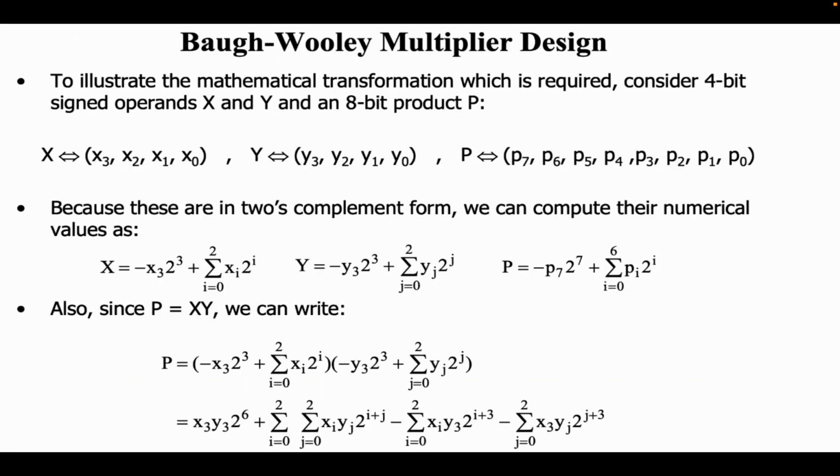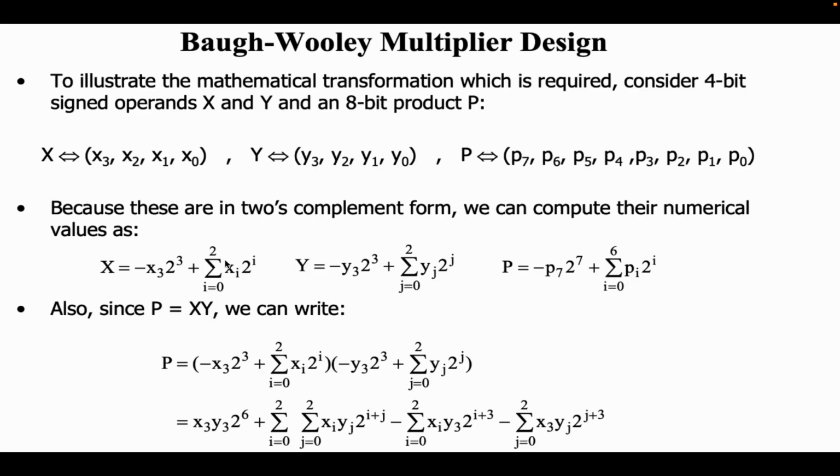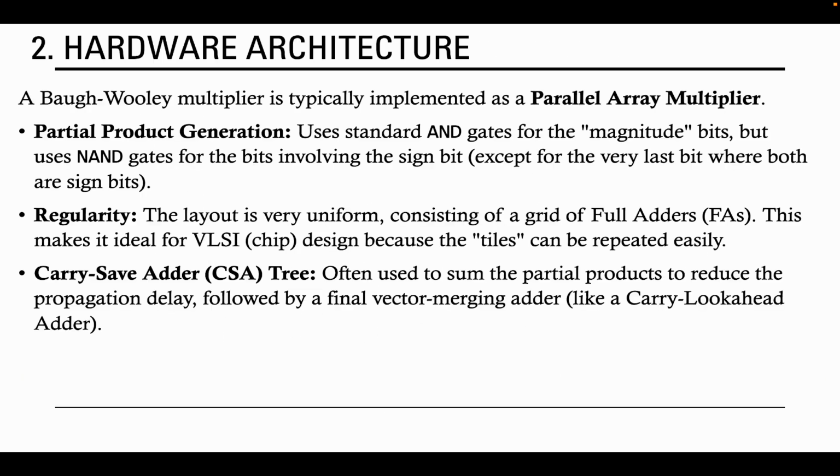What we mean to say here is, for example, if we are doing a multiplication between two signed numbers, the last MSB bits will have signed values. That means it will have a minus. So whatever partial products are produced by these bits will have a negative sign. To avoid that, what we'll do in the Baugh multiplier is we'll give them a complement.